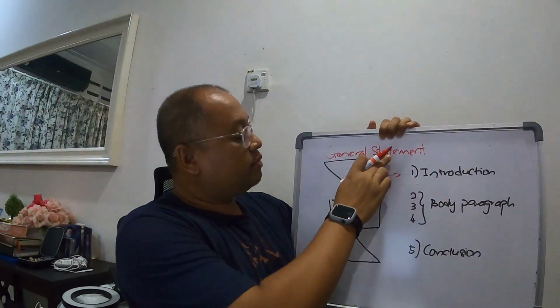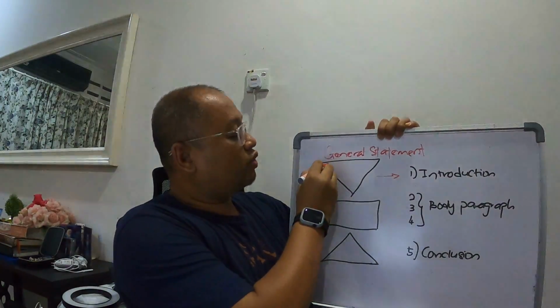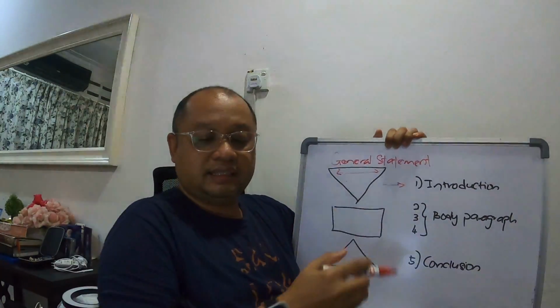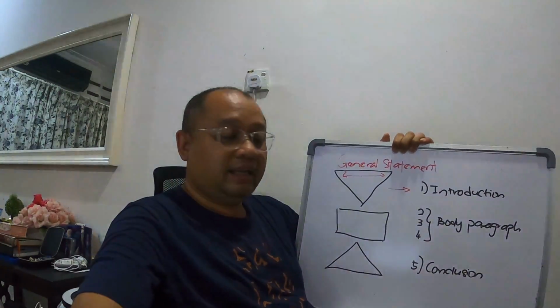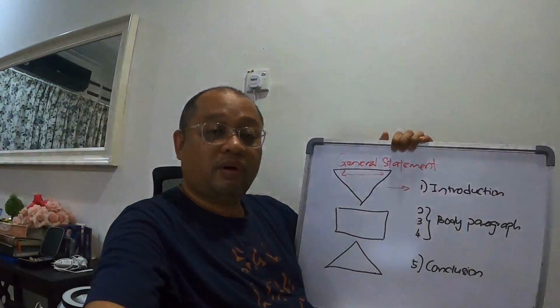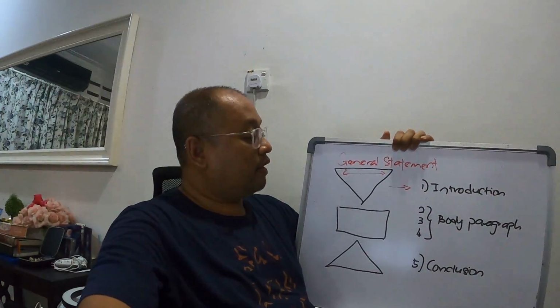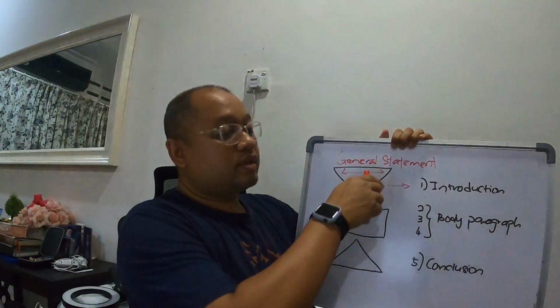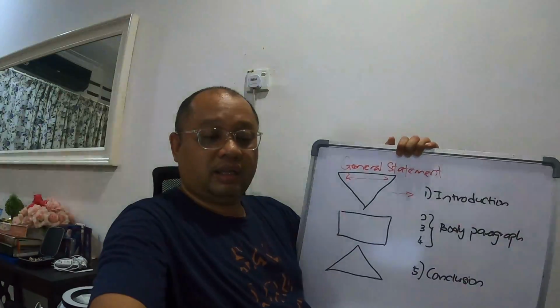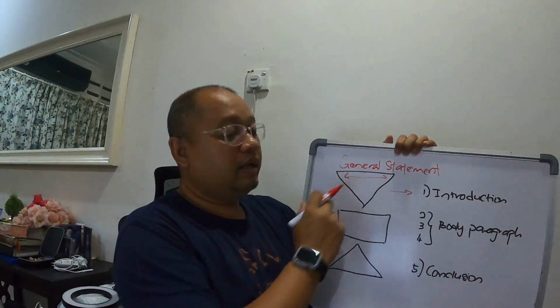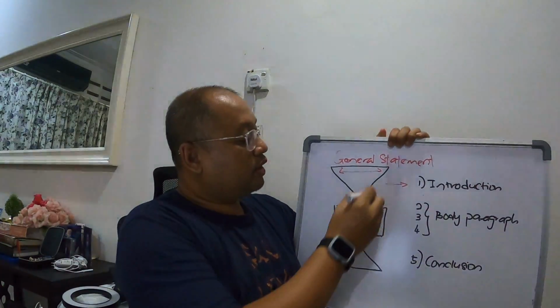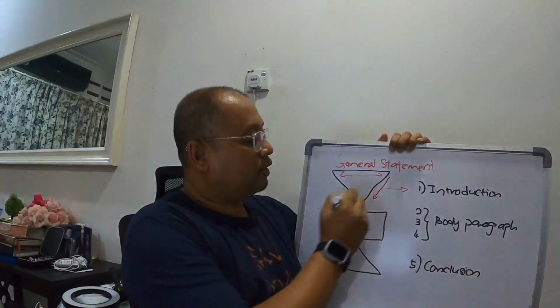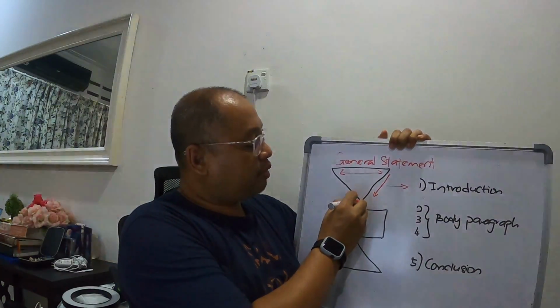A general statement is a broad thing, so that's why it comes to this part. It is a broad issue in the writing aspect, and you're going to study it in the introduction, just to introduce your essay. Then you're going to narrow it down, and you're going to reach this point.